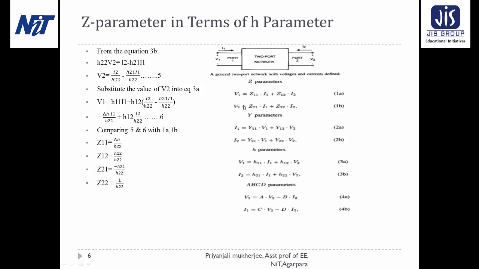First we need to express the Z parameters in terms of the H parameters. So we consider equations 3a and 3b, the general equations of the hybrid parameters. From the second equation, I2 equals H21 into I1 plus H22 into V2, we find that V2 equals I2 by H22 minus H21 into I1 by H22.